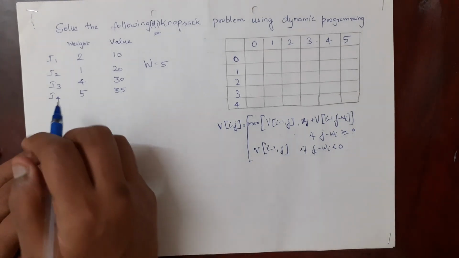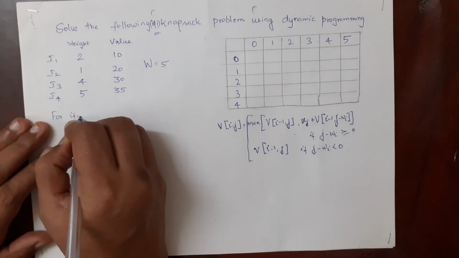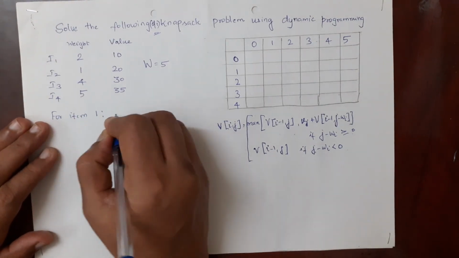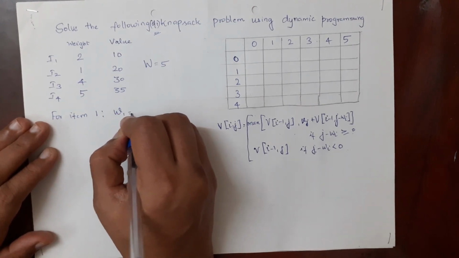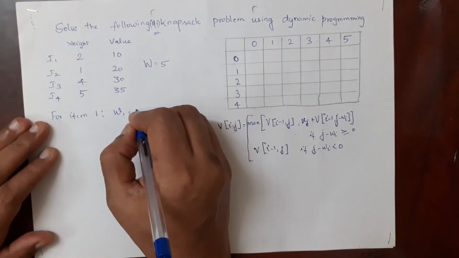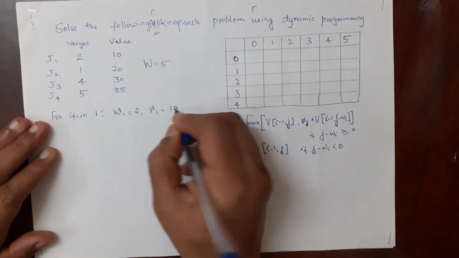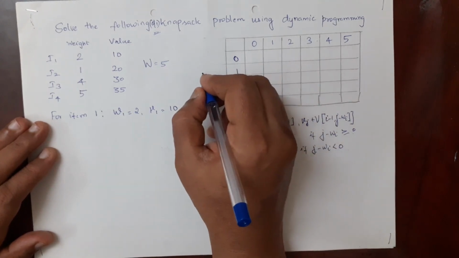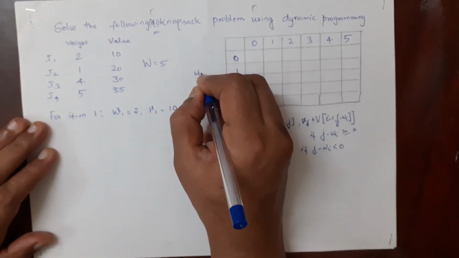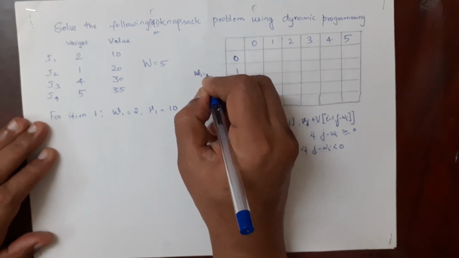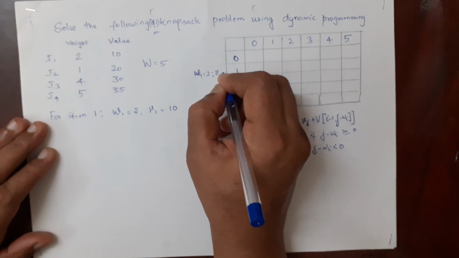First we will calculate for item 1. The weight of item 1 is W1 equal to 2, and the value of item 1 is 10. So we'll write here W1 is equal to 2, V1 equal to 10.